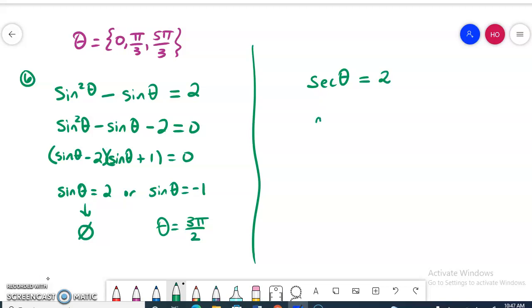Secant's 1 over cosine, so you're really talking about, well, when is cosine 1/2? And you can go from there. We've done those. You can use the same techniques to get to there and work from there. Okay? Hope that's enough examples for you to at least get a good start on that, and we will talk on Monday.